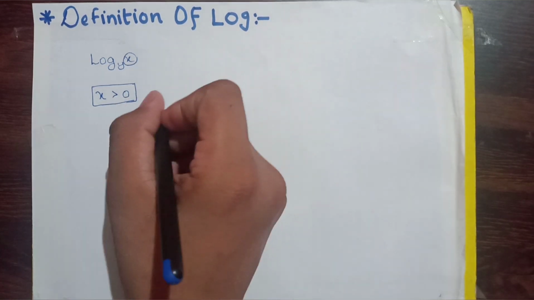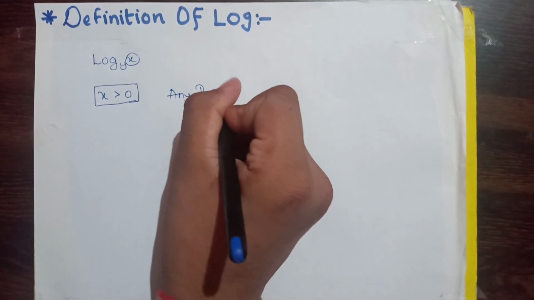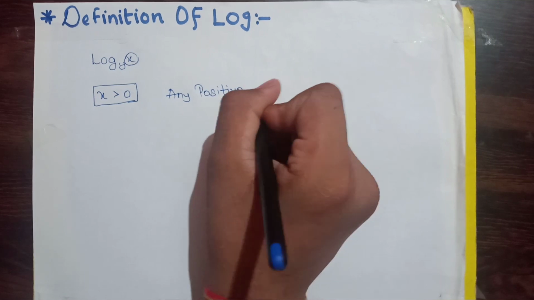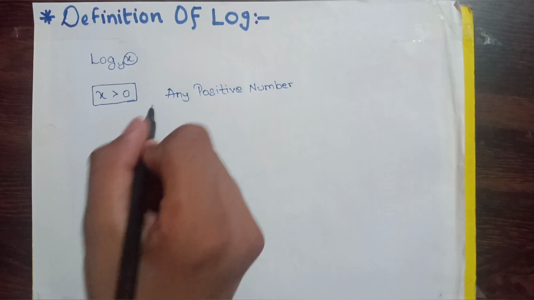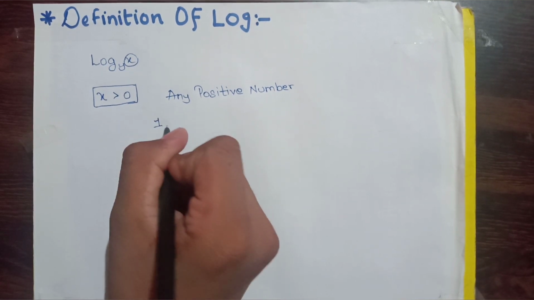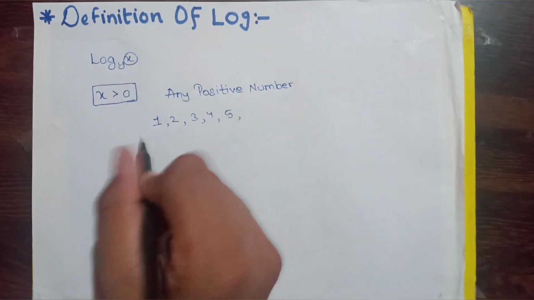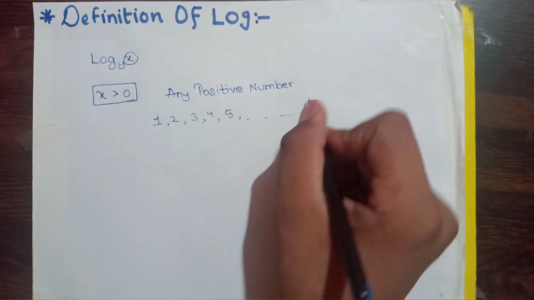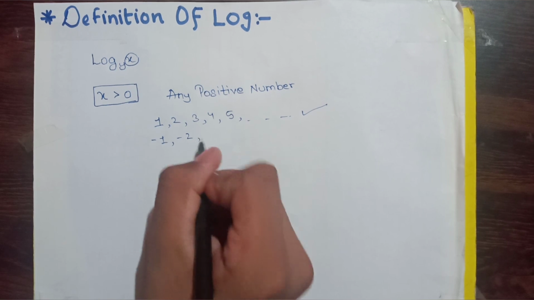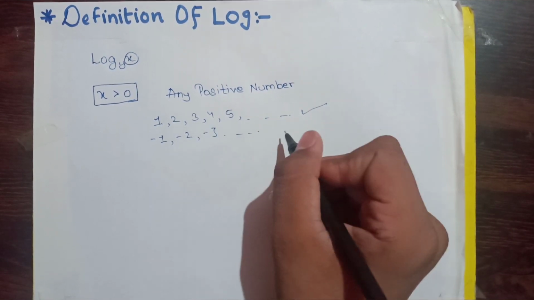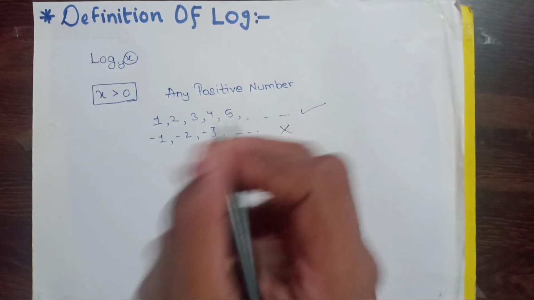It can be any positive number, say 1, 2, 3, 4, 5 or any number, but it can't be -1, -2, -3. If it is given so, it is wrong. We can't find its log.